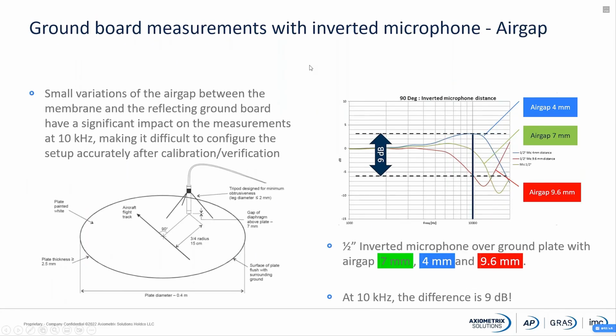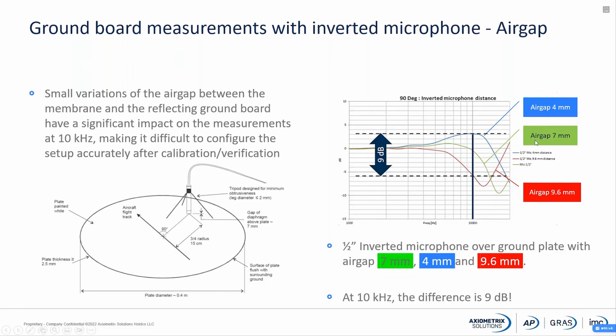The second test we were doing, and this is actually a measurement, we were taking this plate in this upside down configuration, looking at 10 kilohertz and changing the air gap. We were altering the air gap from 4 millimeter to 7 millimeter to 9.6 millimeter. That is not very much, so we were interested to see what the difference is between the different air gaps.